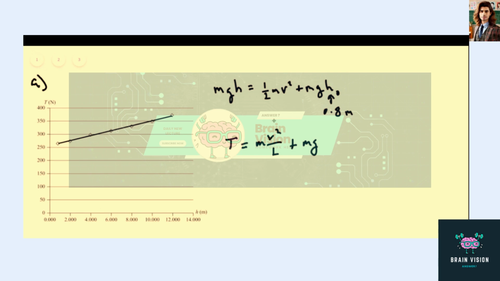So now if we combine these and set up T as a function of h, we get T equals 2 mg over L times h plus a constant, mg times (1 minus 2h naught over L).